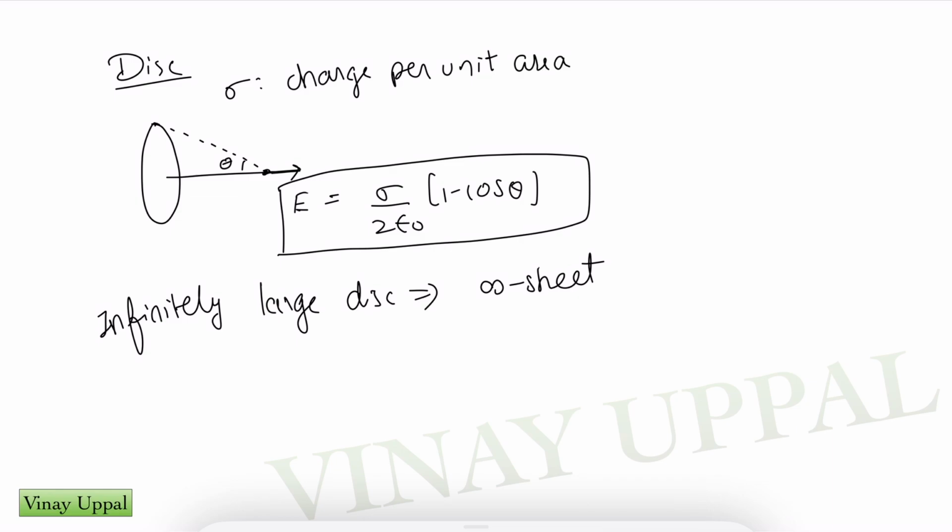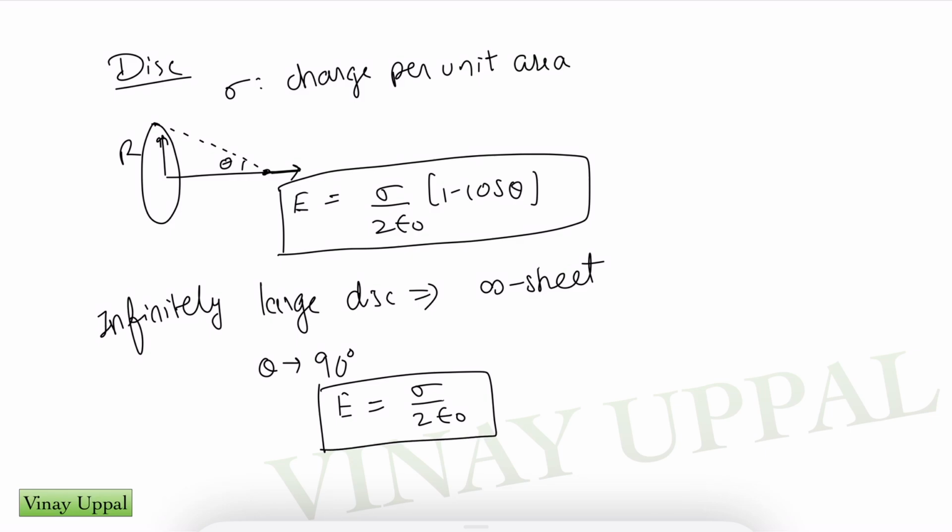So for an infinite sheet, I can simply set theta tending to 90 degrees. You can just imagine as the radius of the disk increases, theta will keep on increasing, and ultimately as r becomes infinity, theta will tend to 90 degrees. And just substitute theta 90 degrees in the field of the disk, and you will get the electric field due to a sheet, which is sigma by 2 epsilon naught. So just remember.